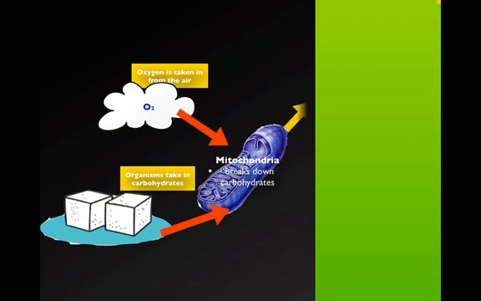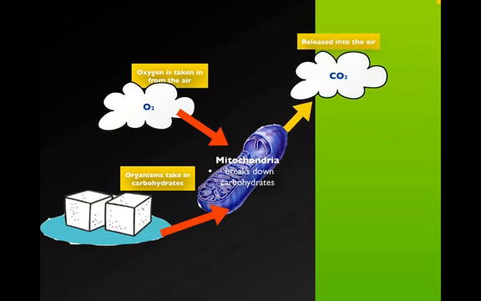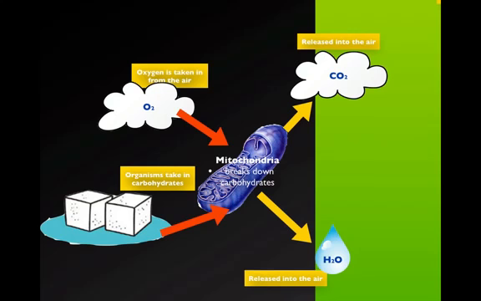And when it does that, it releases carbon dioxide into the air and also water vapor. So when we breathe, if you breathe up against some glass, you'll actually fog up the mirror or whatever, and that's because there's water in our breath. Okay, so those two things are released into the air, and energy is released into the cell, and it's used by the organism.